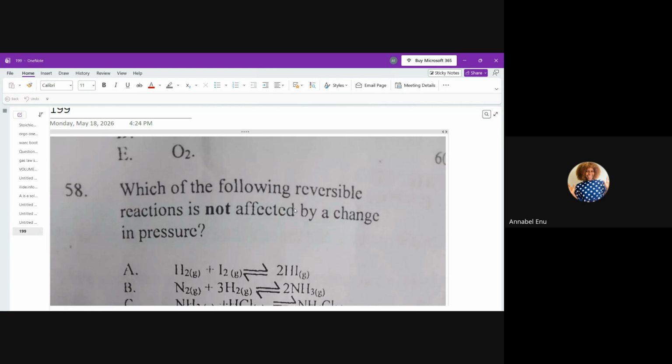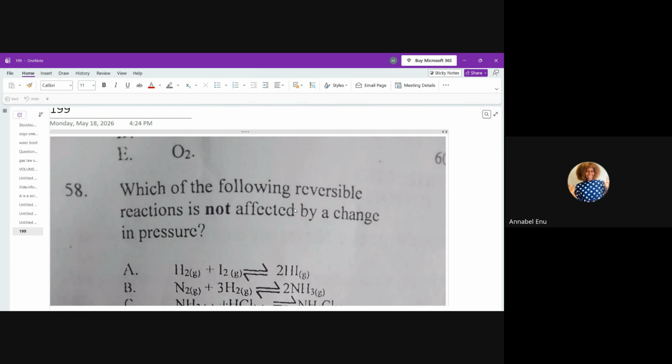Okay, so I was saying that for chemical equilibrium, we won't be talking so much about definitions, but chemical equilibrium has to do with a state in a chemical reaction where there is a forward process and there is a backward process, and the rate of the forward reaction and that of the reverse or backward reaction is the same.